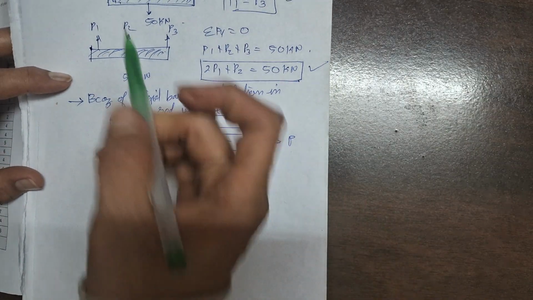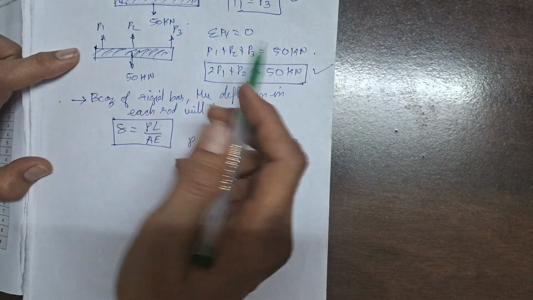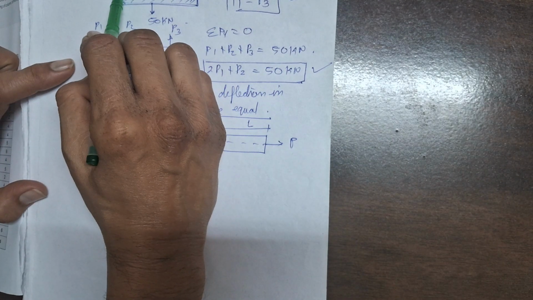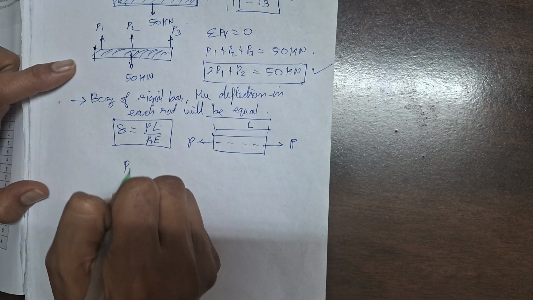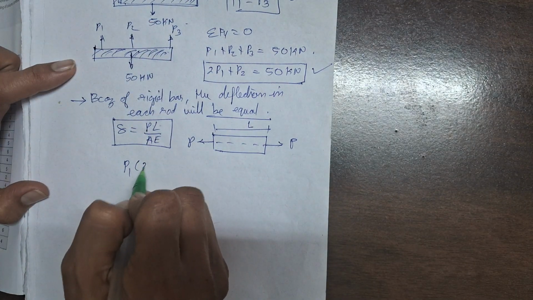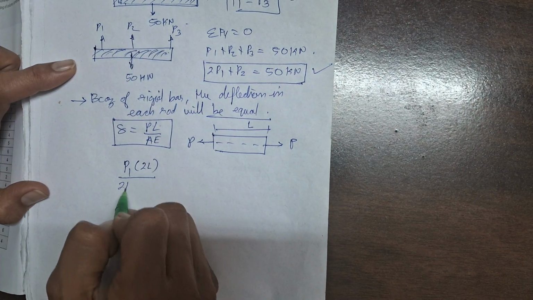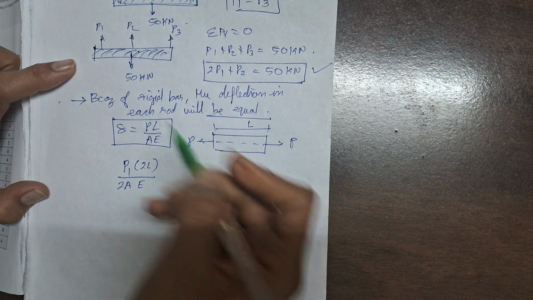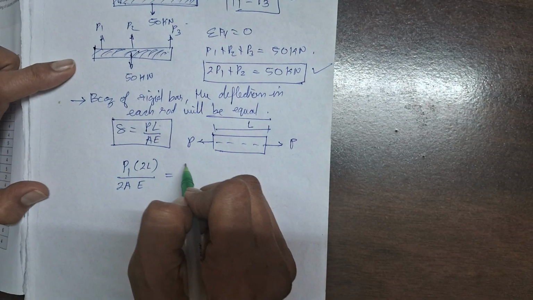Now I will substitute the formula, because the delta is the same for both the forces P1 and P2. So let's write P1 L, where for this the length is 2L, upon the area 2A and E. The material is the same, they have given nothing about material.